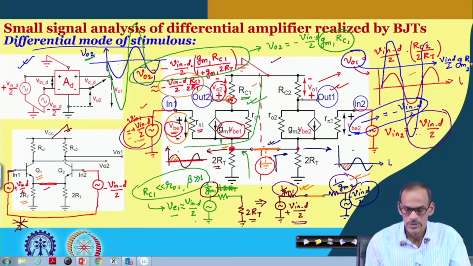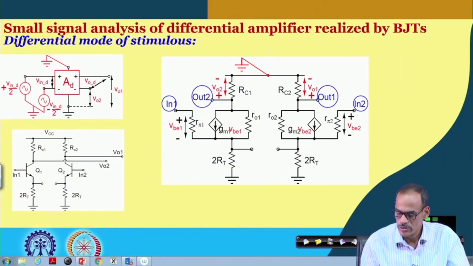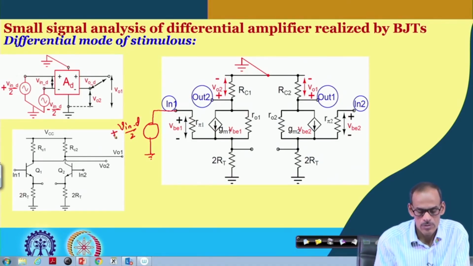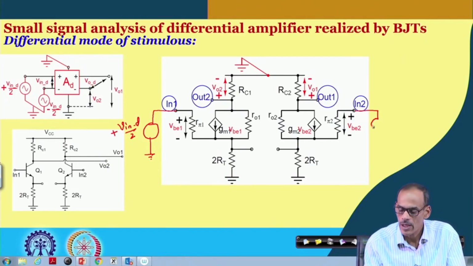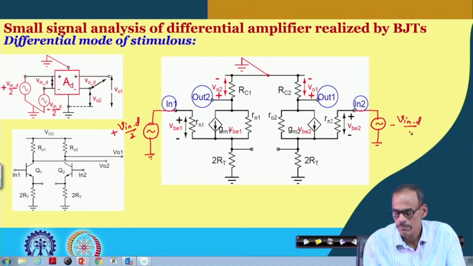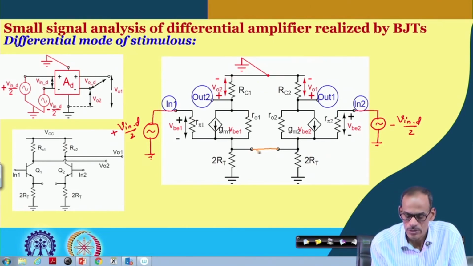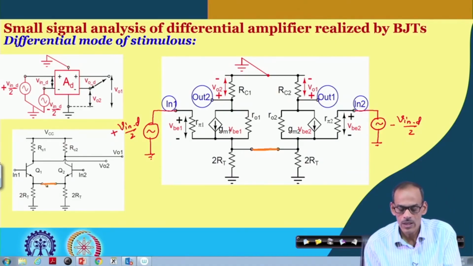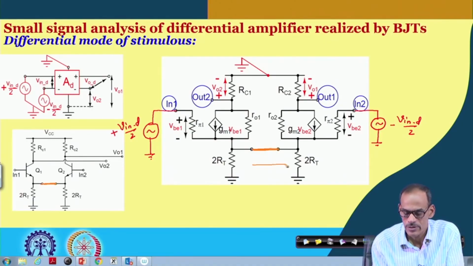So, let me clear and again summarize. What we said is that the moment we have the signal here, V in D by 2 with a positive sign polarity, and here we have the complementary part, namely minus V in D by 2, and the moment we make this connection to get this circuit same as the original one, then the signal here is 0.